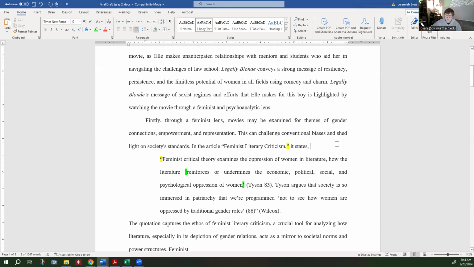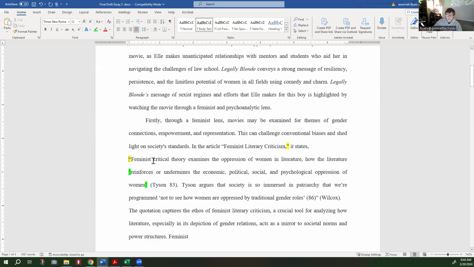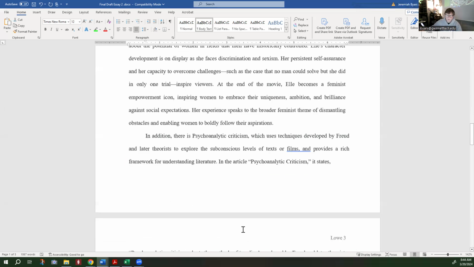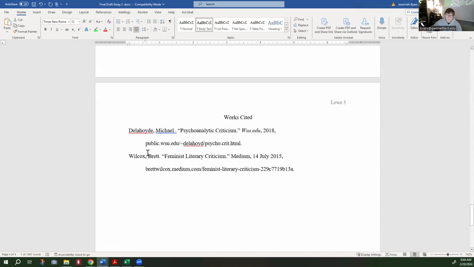In the article, Feminist Literary Criticism, instead of "it states," I would say something like Wilcox. Who is this Wilcox person?